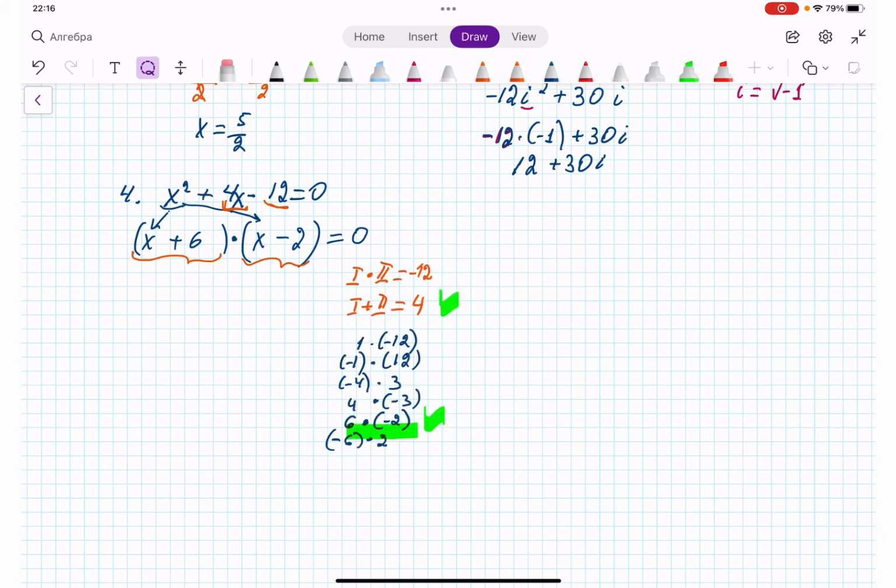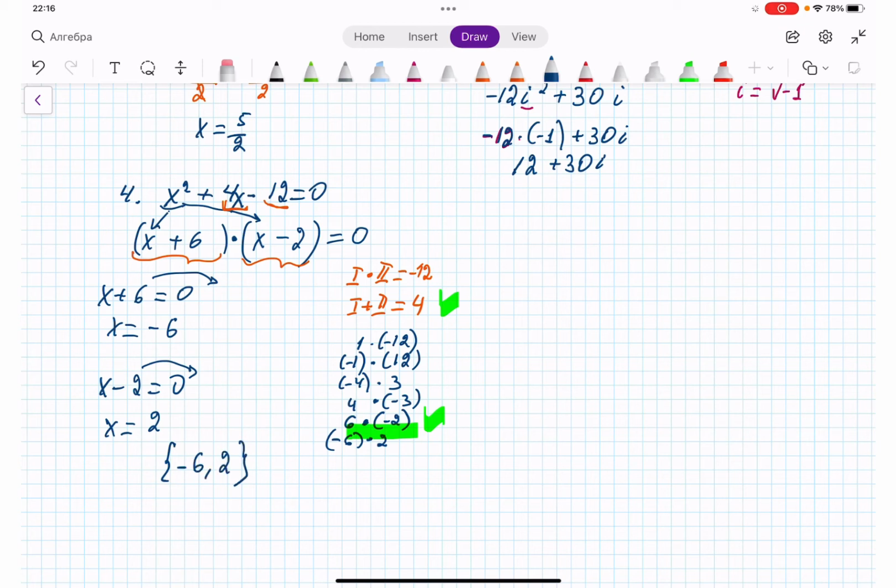We are going to try either x plus 6 is equal to 0 or x minus 2 is equal to 0. When x plus 6 is equal to 0, x is equal to negative 6, right? 6 moving here, positive becomes negative. When x minus 2 is equal to 0, x is equal to positive 2, right? Negative 2 moving here becomes positive 2. That means the answer is negative 6, comma 2.